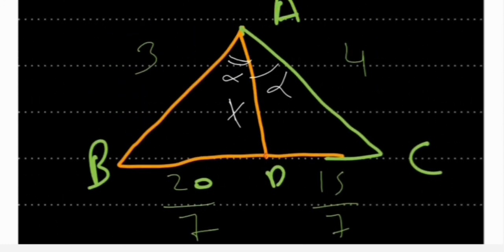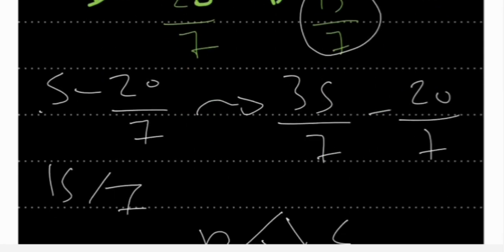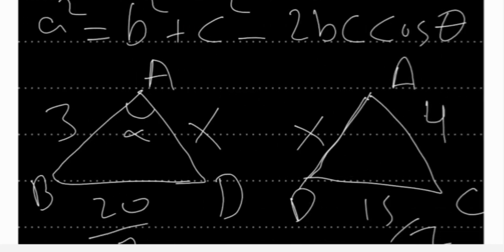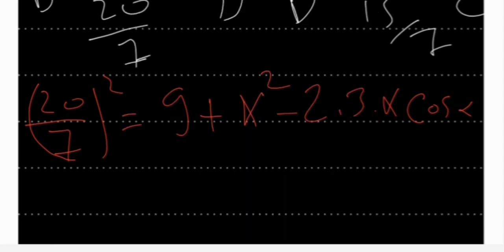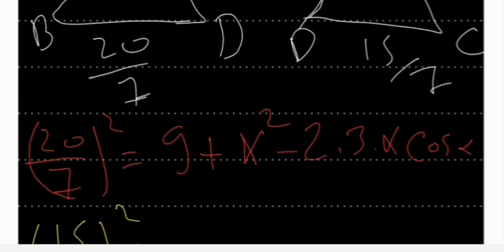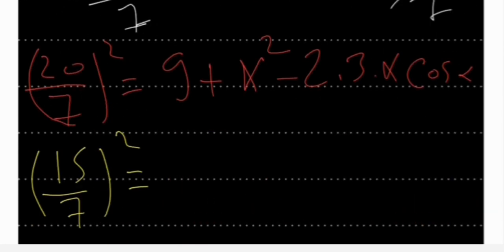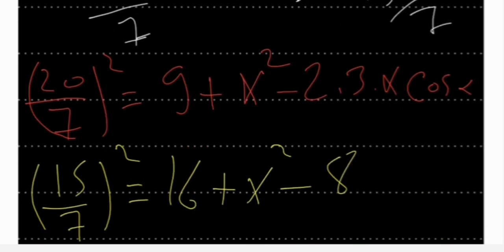So this triangle over here, 15 divided by 7, 4, and x, and this angle was alpha. So let's do the second one. 15 divided by 7 squared is equal to 4 squared plus x squared minus 2 multiplied by 4, which is 8, x cosine of alpha. Now you have two equations with two unknowns, okay?